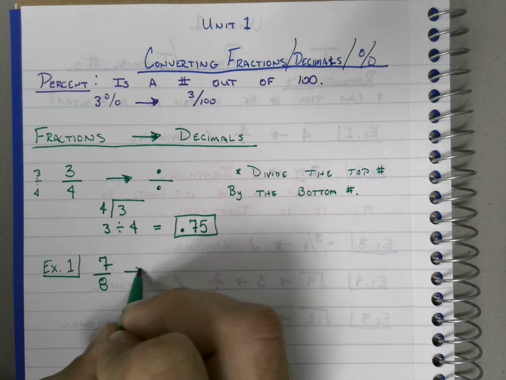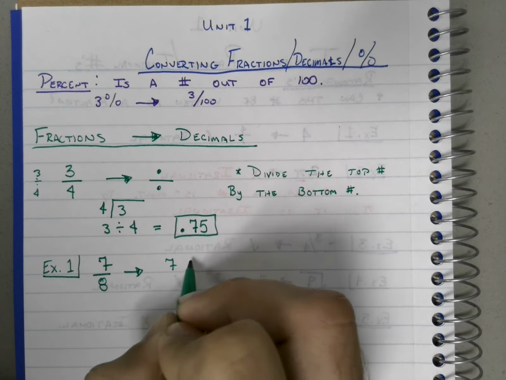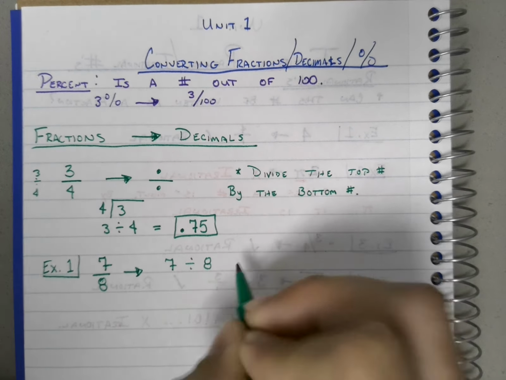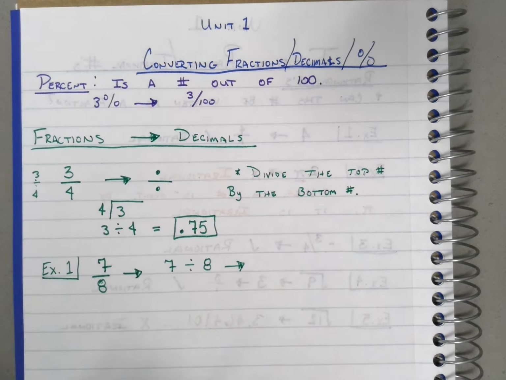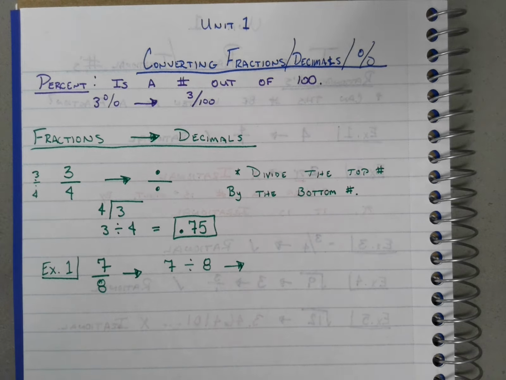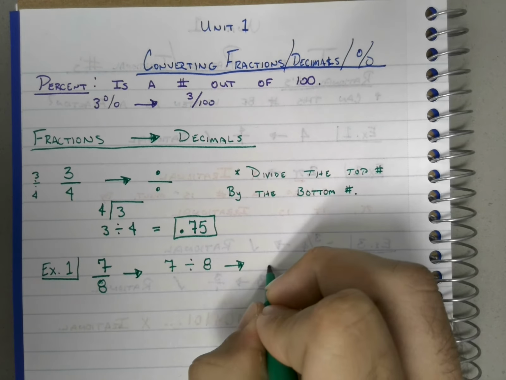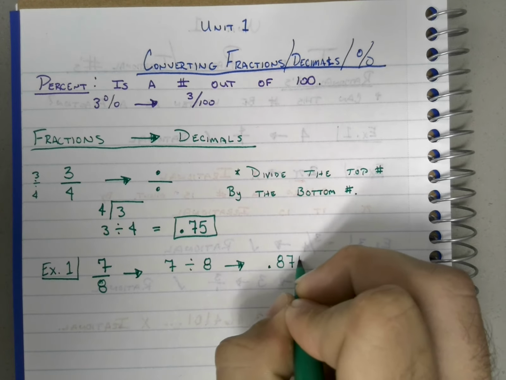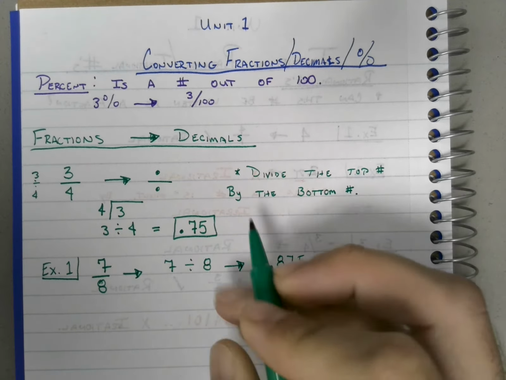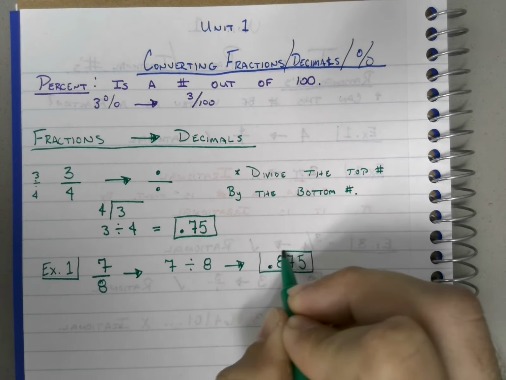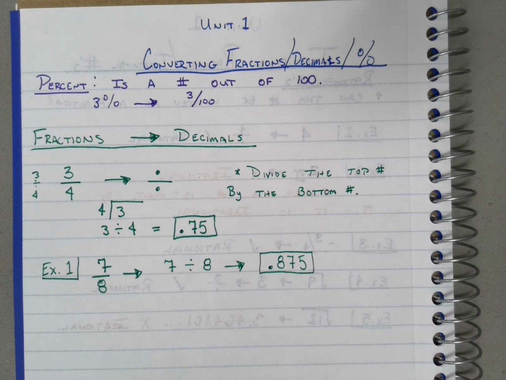So by doing that, I'm going to have to do 7 divided by 8. And when you divide 7 divided by 8, you get 0.875. Okay, so that's the decimal of 7/8. So for fractions to decimals, all we're doing is dividing. Top number divided by the bottom number.